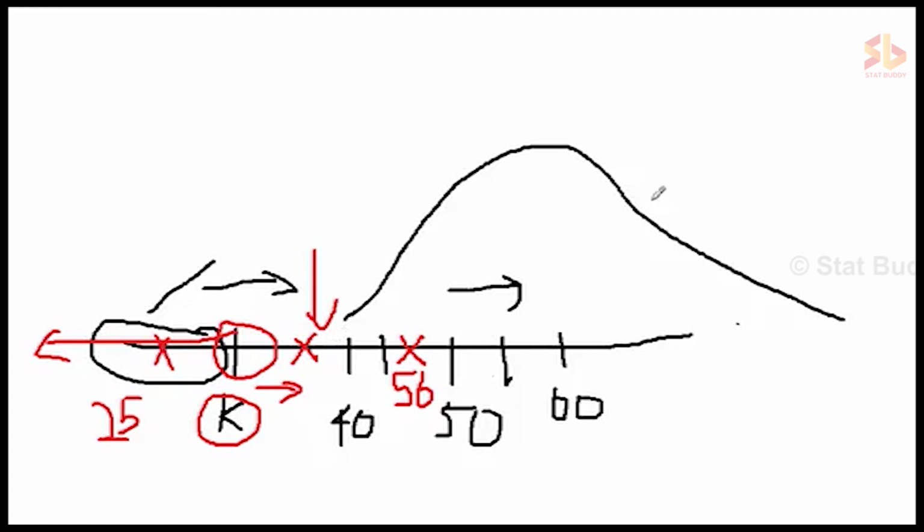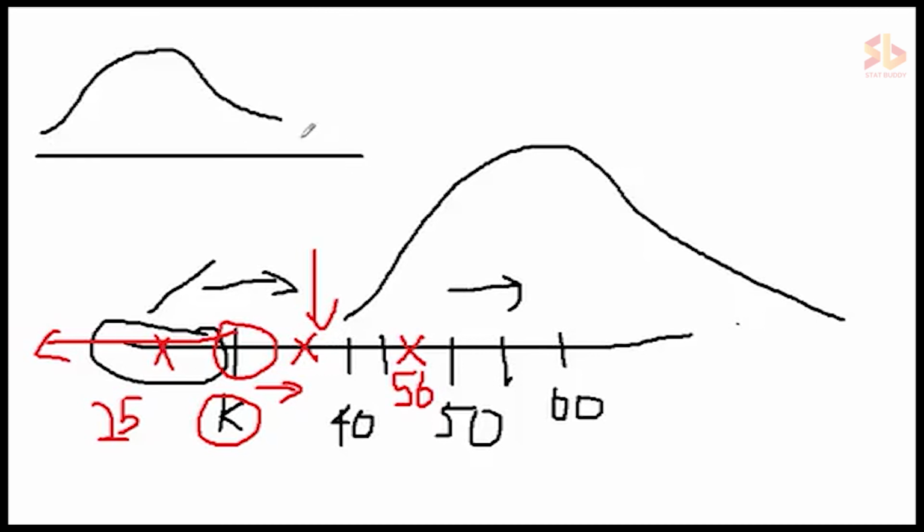So this is for the less than type alternative, and if it is a greater than type alternative, it is like this, and our alternative is greater than, which means our null is less than.